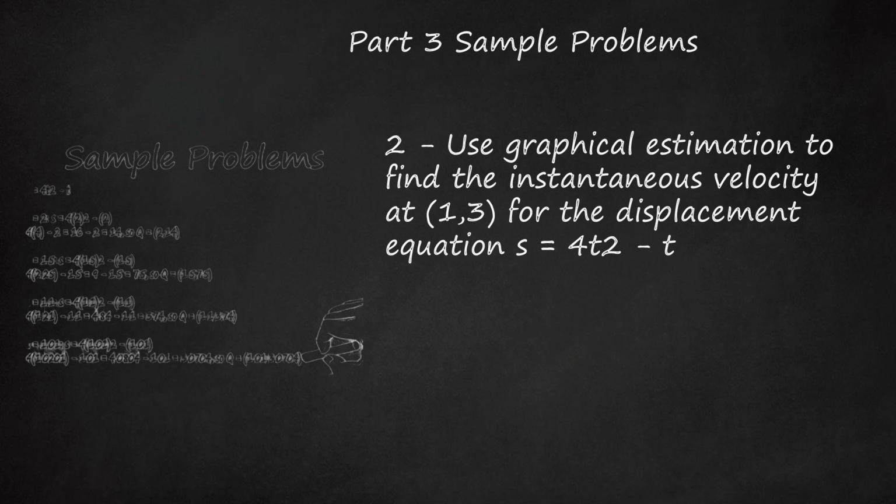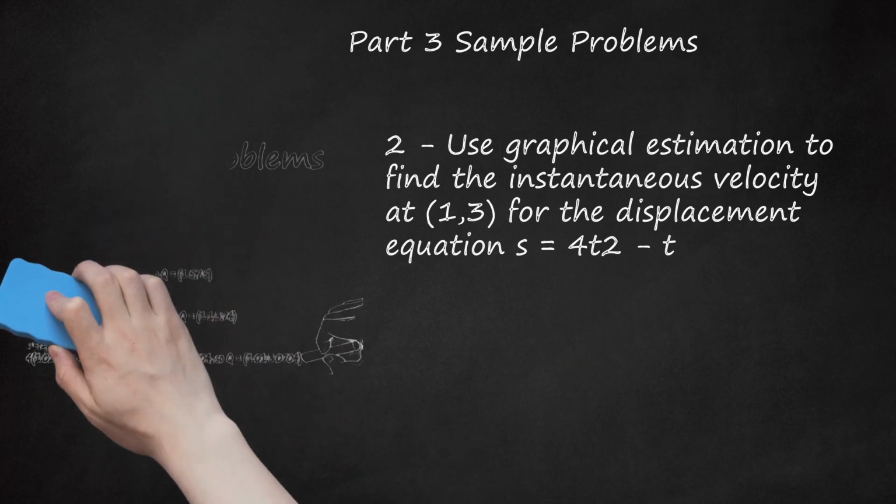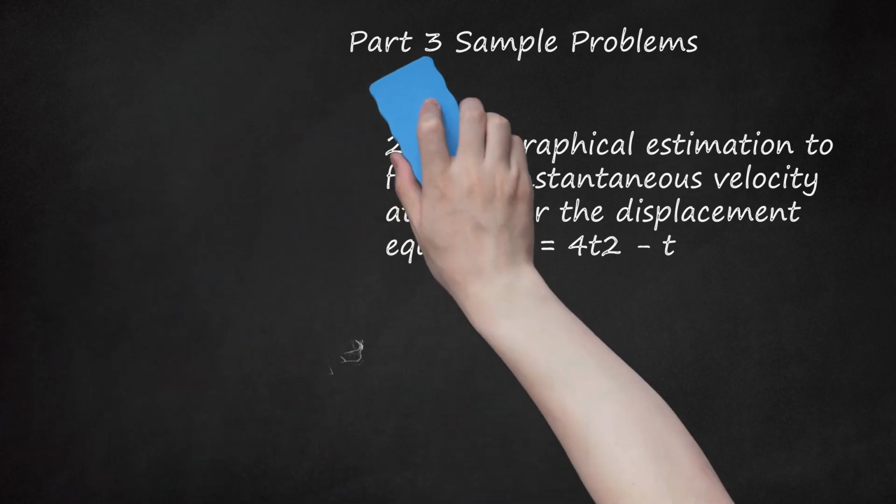Q equals (1.01, 3.0704): h equals (3.0704 - 3) / (1.01 - 1), h equals 0.0704 / 0.01 equals 7.04. Since our h values seem to be getting very close to 7, we can say that 7 meters per second is a good estimate for the instantaneous velocity at (1, 3).